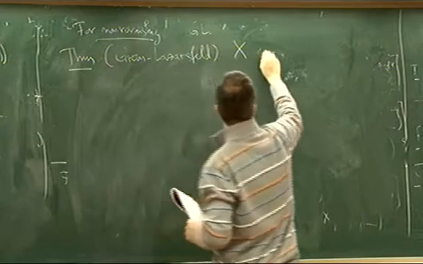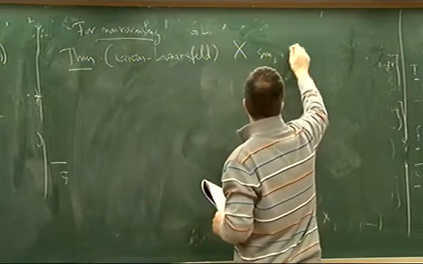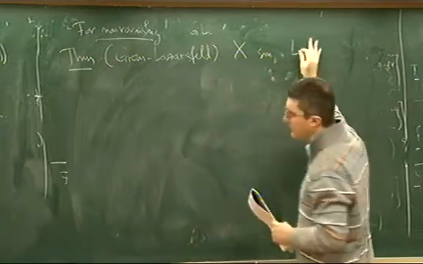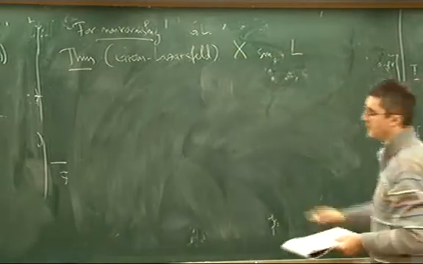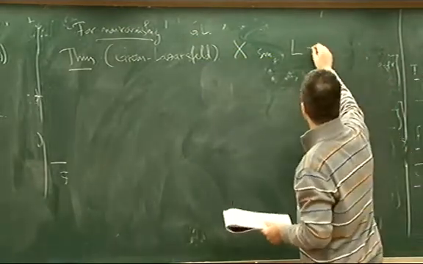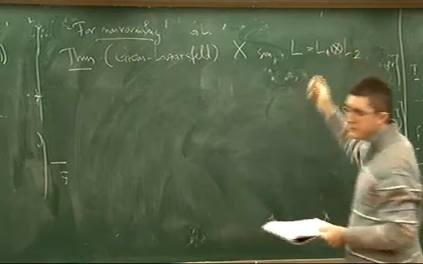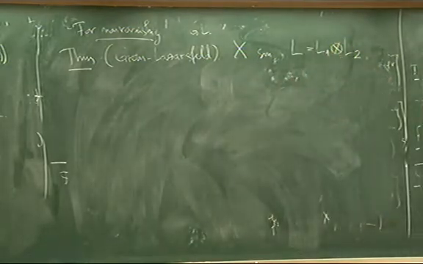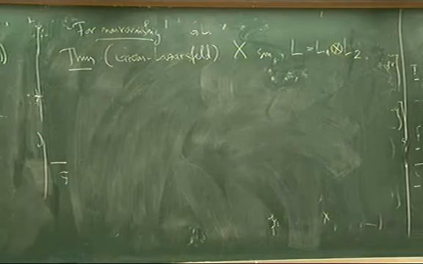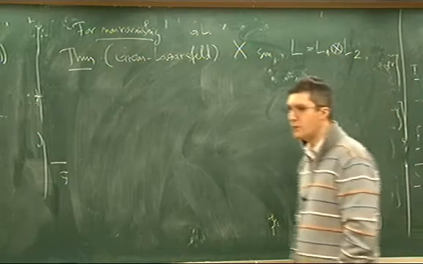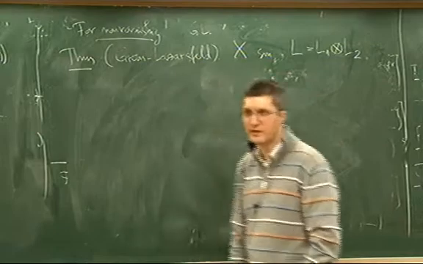If X is smooth and L, this time not necessarily globally generated, just any bundle, and suppose that L can be decomposed as L1 tensor L2. Of course there are plenty of decompositions; any L1 you choose, you'll automatically find an L2.